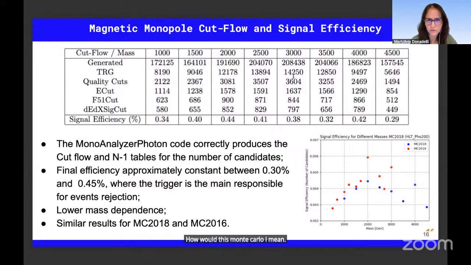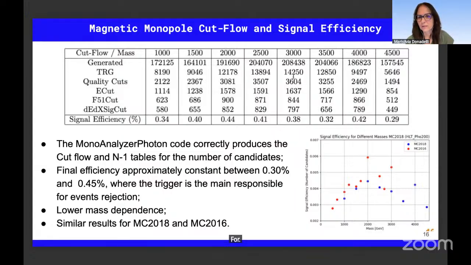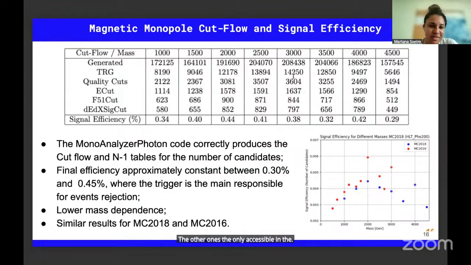Because if I understood, you would need to produce the Monte Carlo for another center of mass energy. No, this is the only analysis I work on in Run 2. For the other ones, it is Run 3. The other ones are only accessible in the Run 3 part. Okay, it's clear.